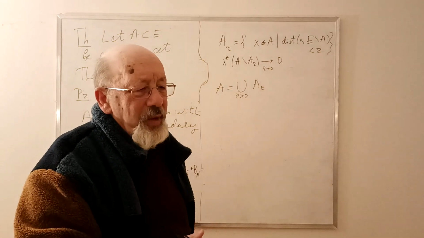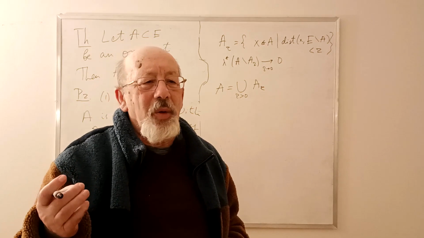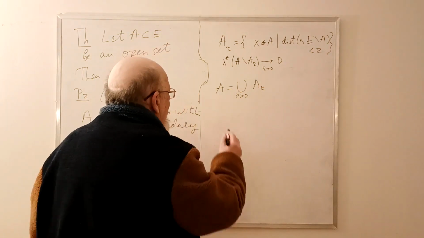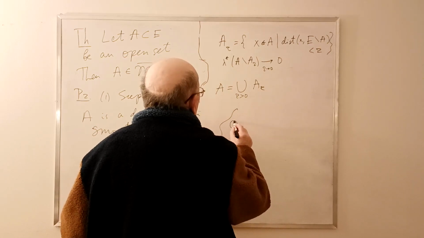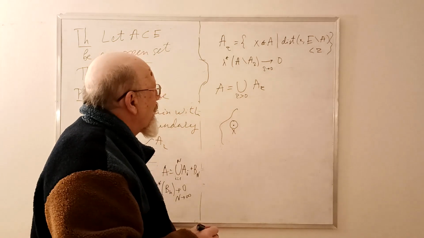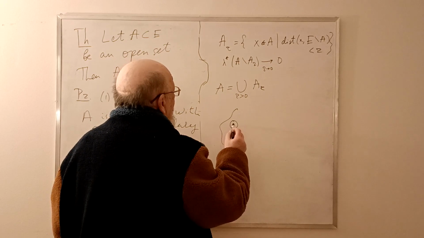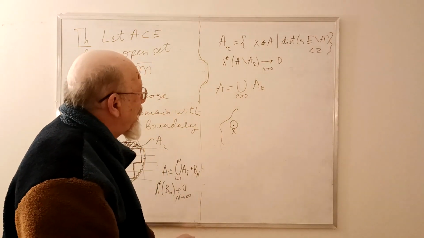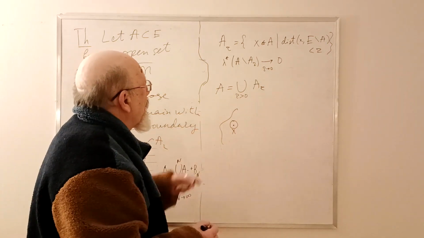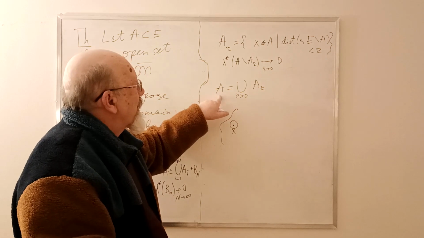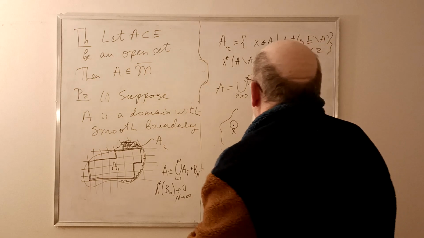So when R goes to 0, eventually any point, because any point of the open set is an internal point X, some neighborhood of this point X is completely inside this set, and so the radius of this circle is that same R, so X is inside A_R.